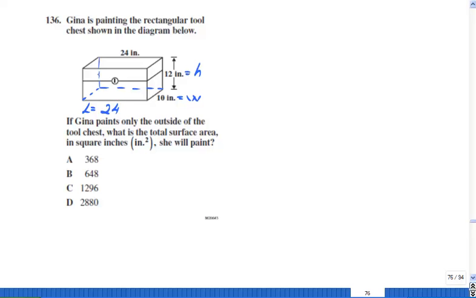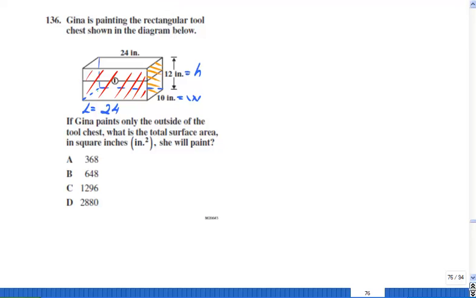So if I'm going with the front of my chest, on the other side I will have another one. If I'm going with the right side, the opposite side will also be congruent.